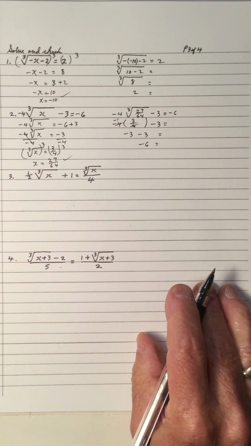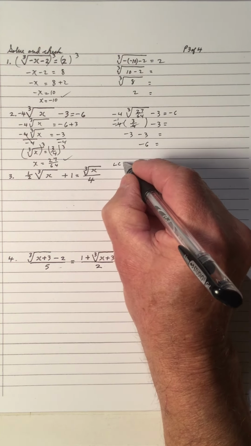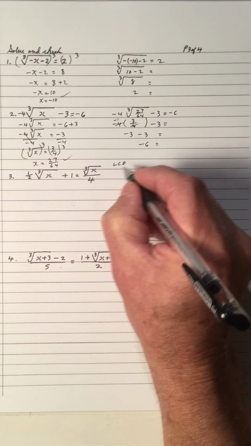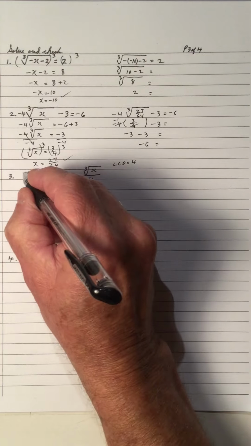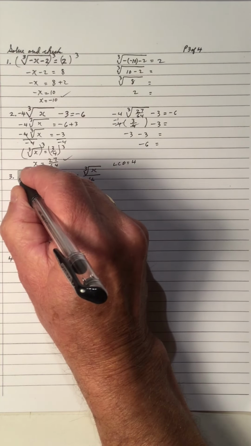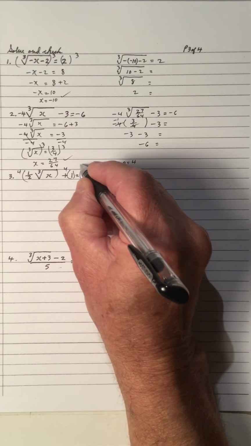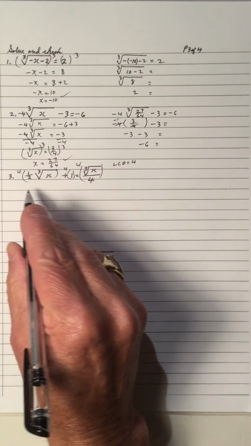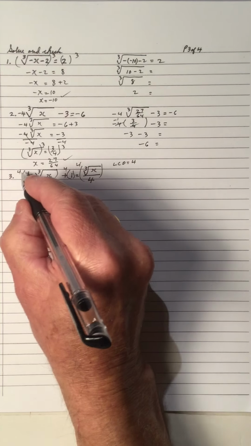Now, number 3 is a little bit different. We have fractions, so we need an LCD. The LCD of 2 and 4 is 4. So we'll multiply each part of the equation by 4. Multiplying the equation by 4 will eliminate the fractions.